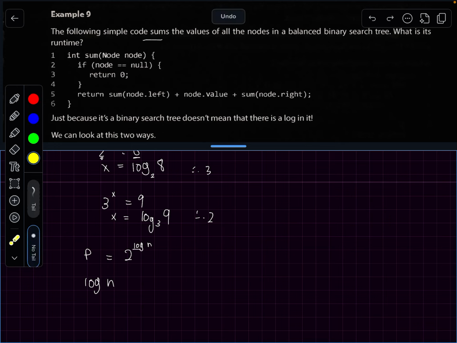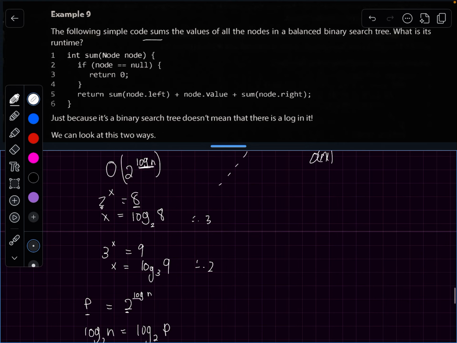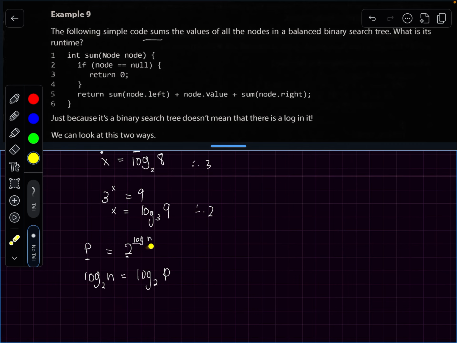We're trying to make this the subject, equal to log base 2 of p, the base becomes the base. You can actually write that as well, and the answer, which is p. I hope you understood. Just like this, and just like this, same thing. We're trying to make log n, the exponent, the subject of the formula.